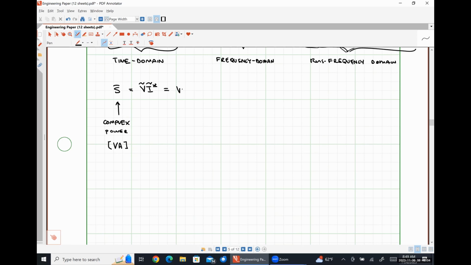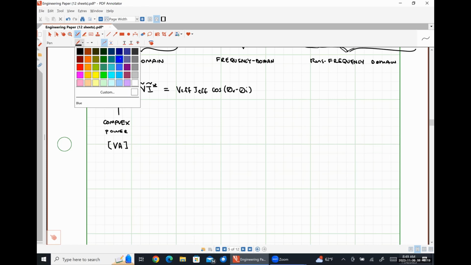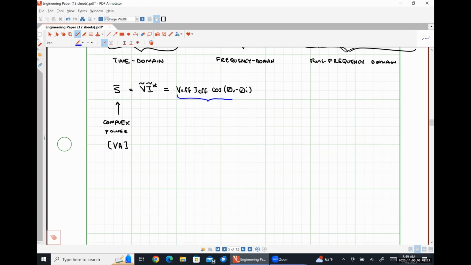We are going to have our effective value for our voltage, times the effective value for our current, times cosine of theta V minus theta I. This whole thing right here is our average power. Average power, which is what we've been dealing with up to this point, is measured in watts.